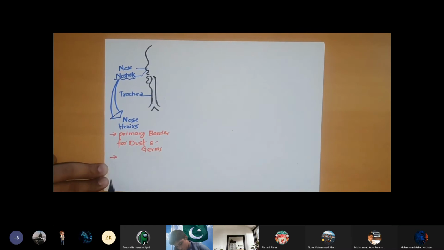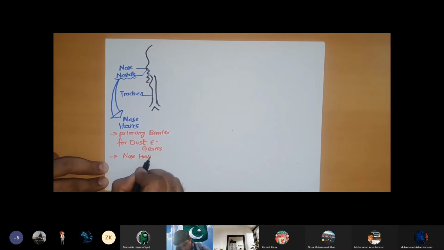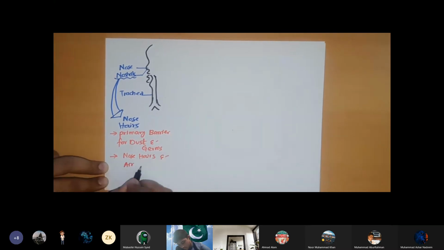Another thing is that these nose hairs can also help in warming the air. Why and how? It's very simple: the nose hairs and the air particles have friction.